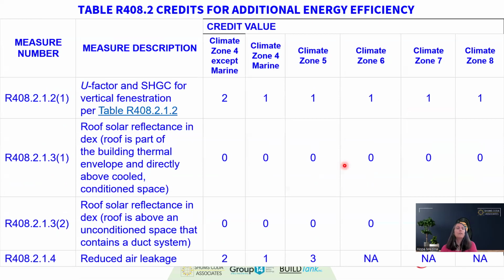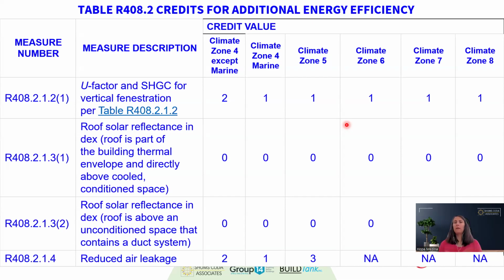All right, so the next part is talking about some of the other items within the thermal envelope that you could improve upon, such as your vertical fenestration. Something that has to be noted is when we're talking about the thermal envelope, you can't trade.